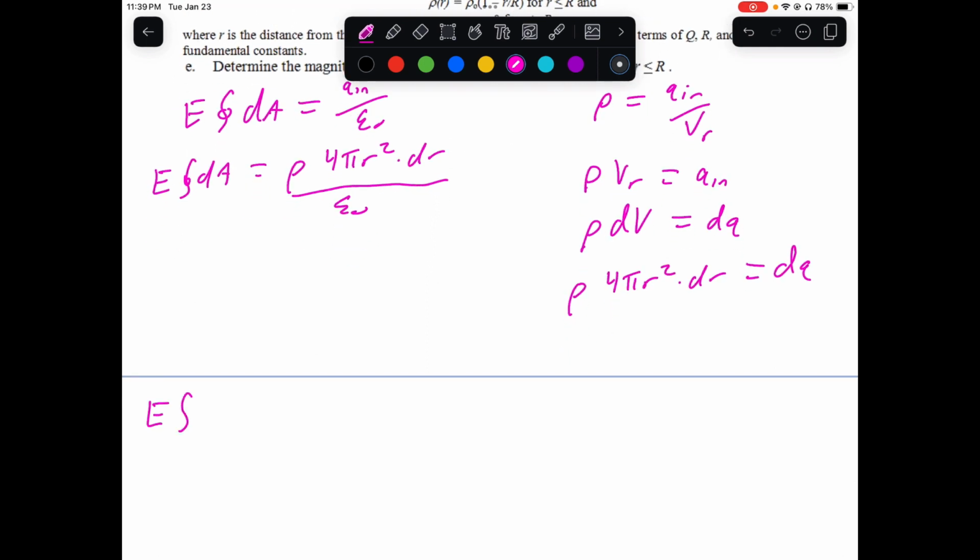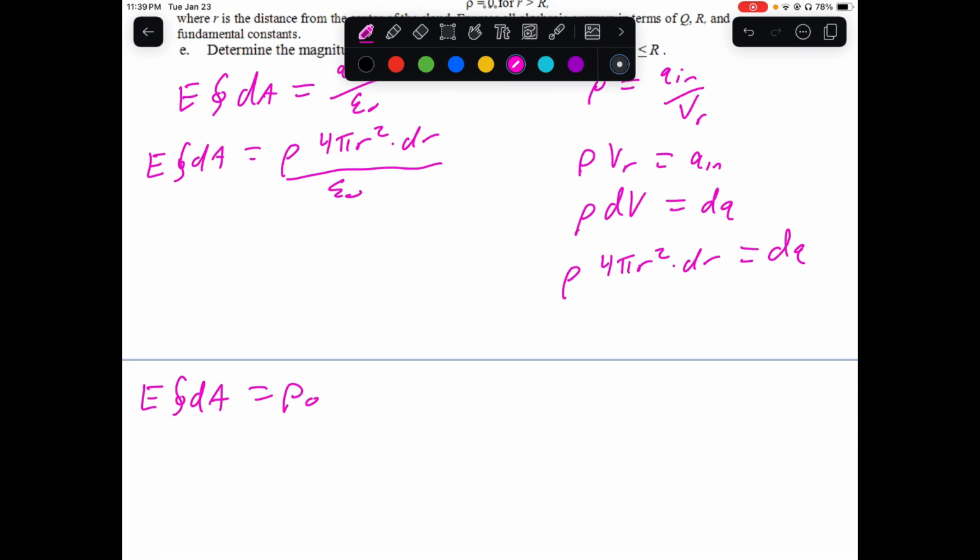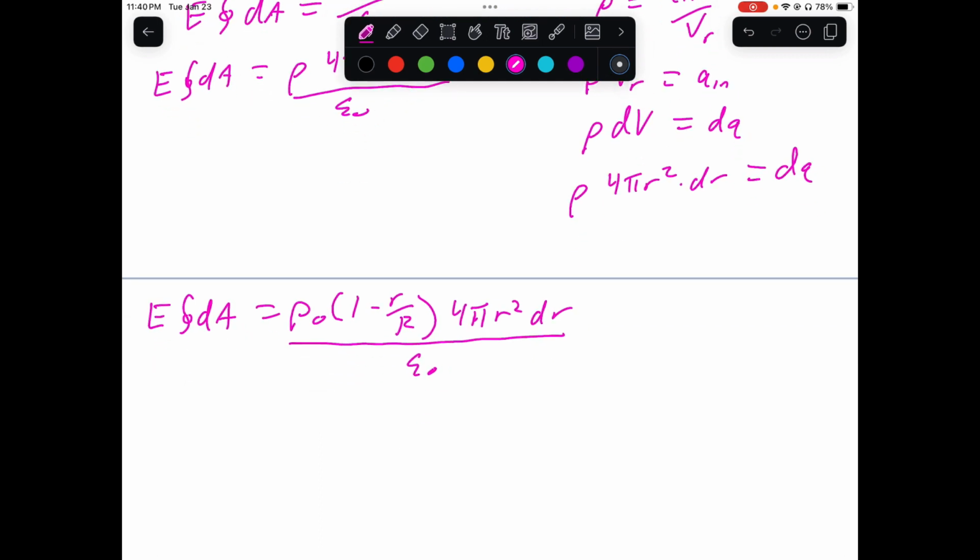So E dA is equal to rho, where rho is equal to rho naught times 1 minus r over R, times the rest of this, 4 pi r squared dr over epsilon naught. And I'm still not going to integrate yet.